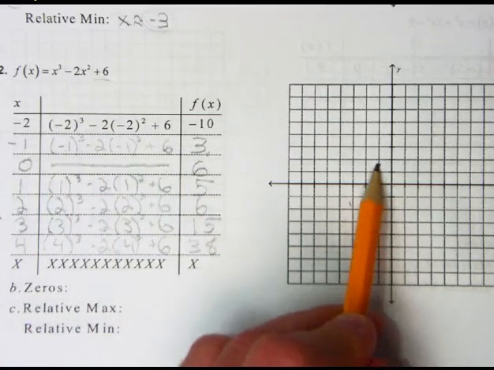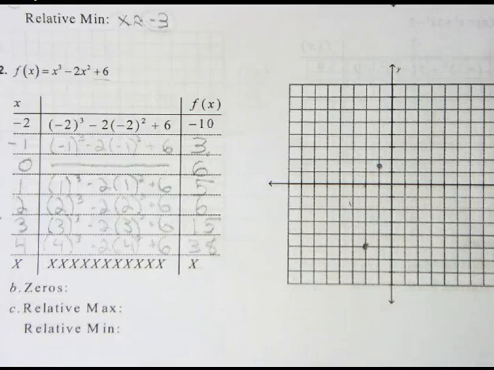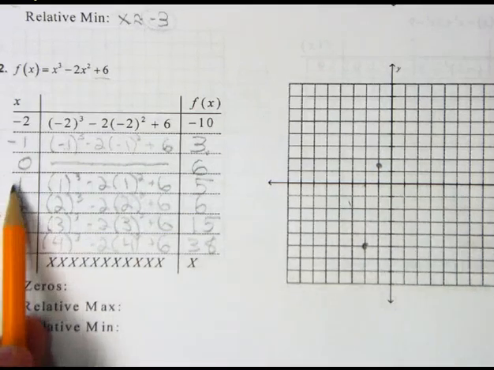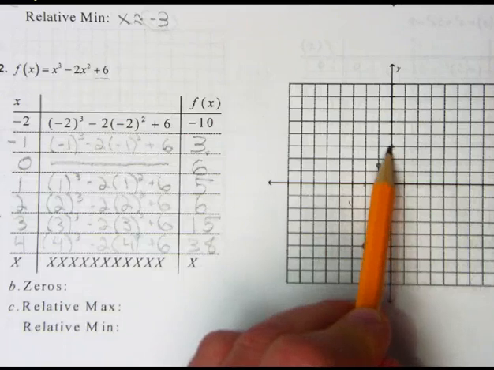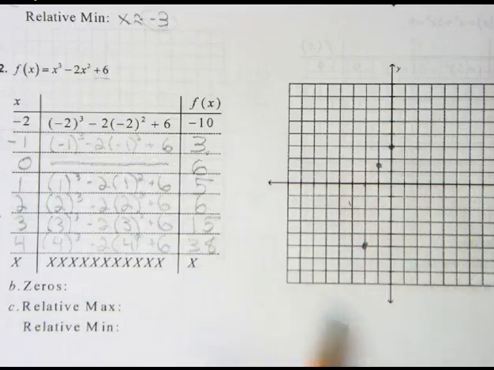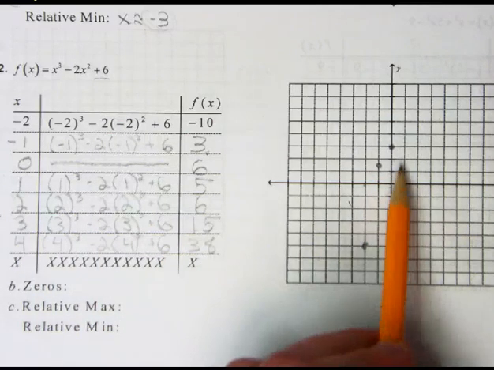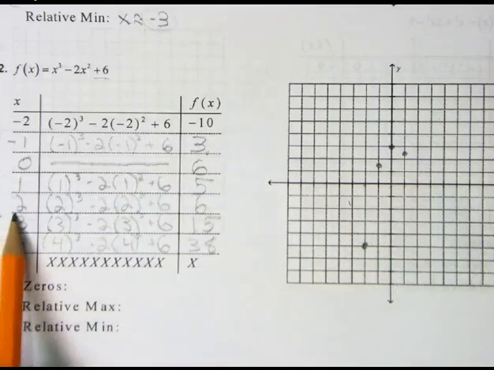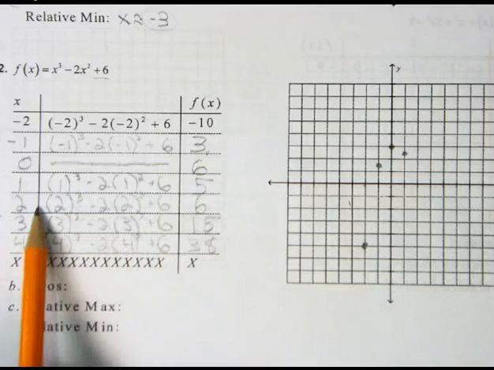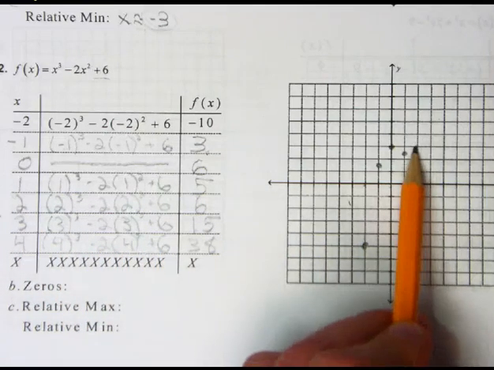Between 2 and 4 is 3. 0, 6, the y-intercept, 2, 4, 6. 1, 5, go down a little bit, so go down to 5. And 2, go back up to 6. So you kind of see that turn right there.